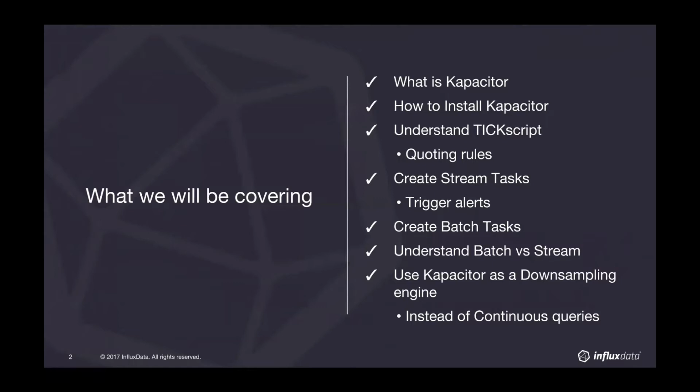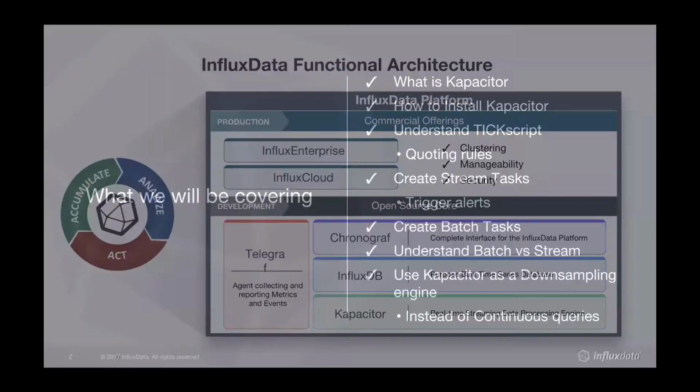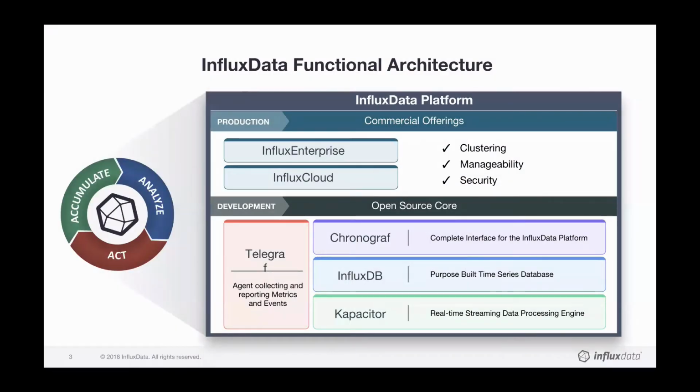So before we jump right into Kapacitor, I just wanted to give a brief overview about the InfluxData platform and talk a little bit about what time series data is. For anyone who's new to it, time series data is a series of data points that are indexed or listed or graphed in time order.